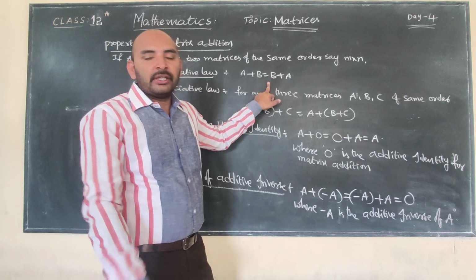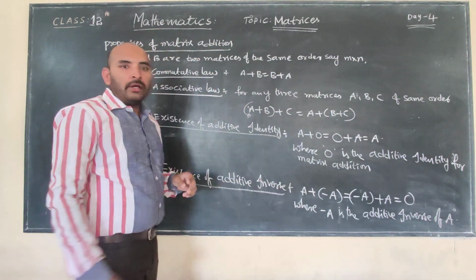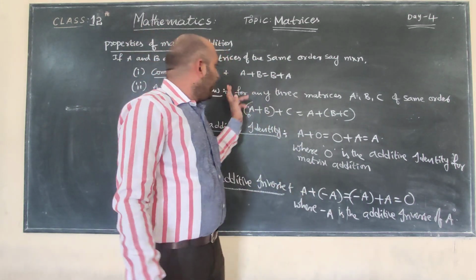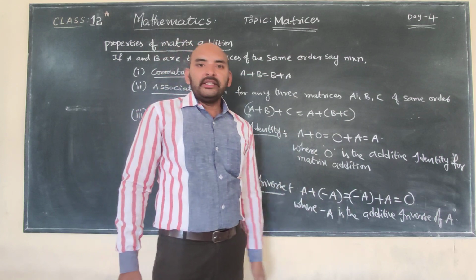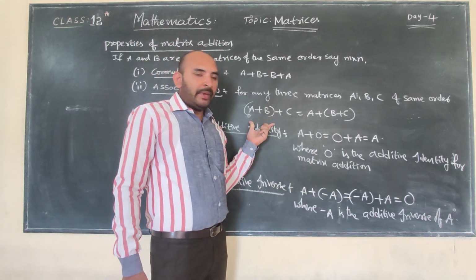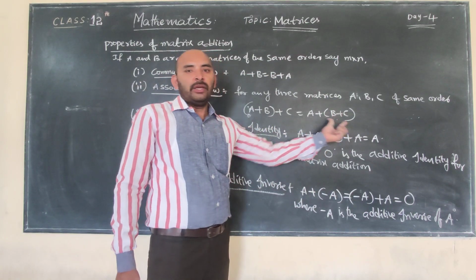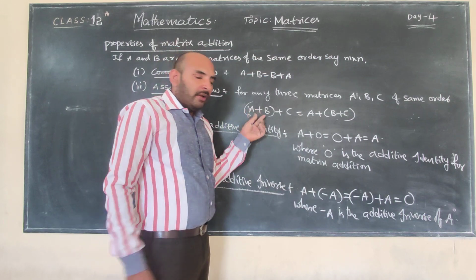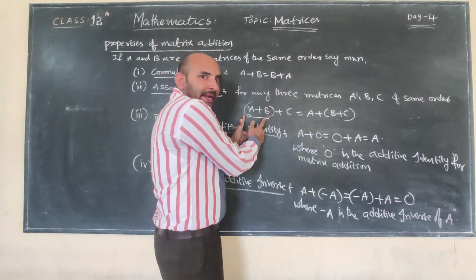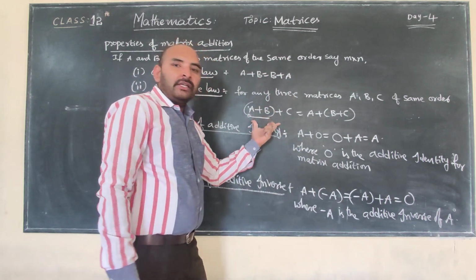Commutative law exists in addition. Associative law. For the associative law, take 3 matrices A, B, C of the same order, then the formula is (A plus B) plus C equal to A plus (B plus C). What is the meaning? First the addition of these 2 matrices gives one matrix, then adding the third matrix you get one matrix.